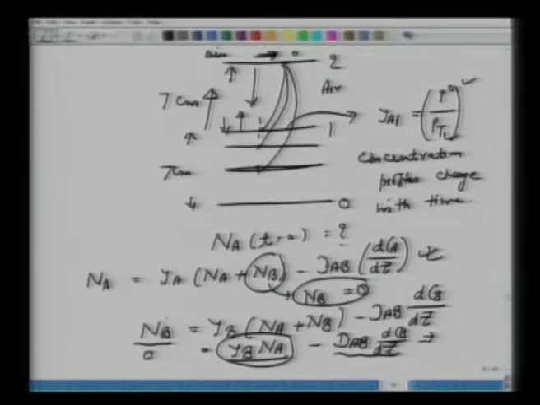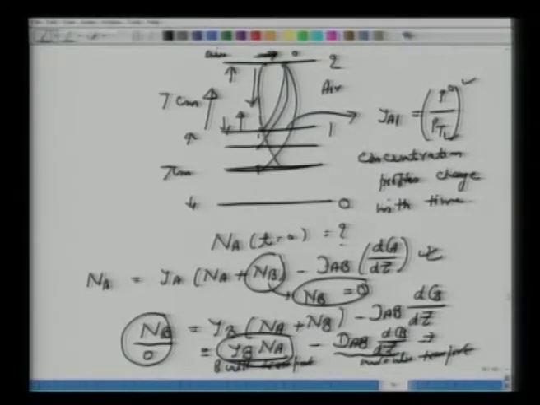So although overall NB is 0 as seen by the stationary observer, there are two components. One is the bulk transport and one is molecular transport for both A and B here, molecular transport given by Fick's first law. So we do have a gradient of air in this diffusion length between the top of the tube and the top of the ethyl acetate surface.